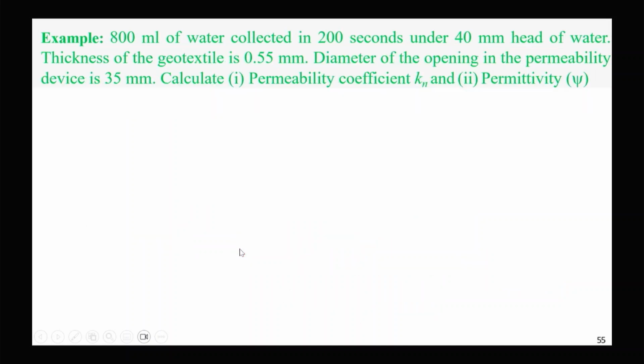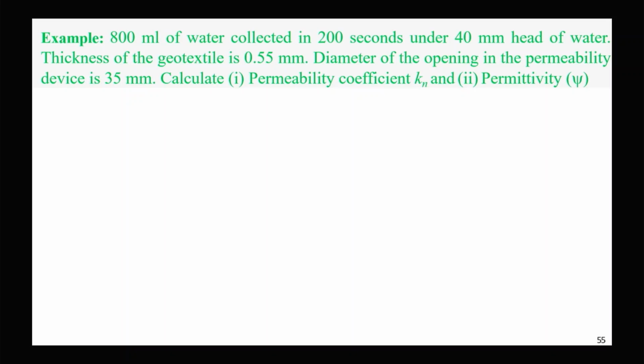Okay. Next is a similar numerical on cross plane permeability testing. Only the data is changed here. 800 milliliter of water is collected in 200 seconds under 40 millimeter head.